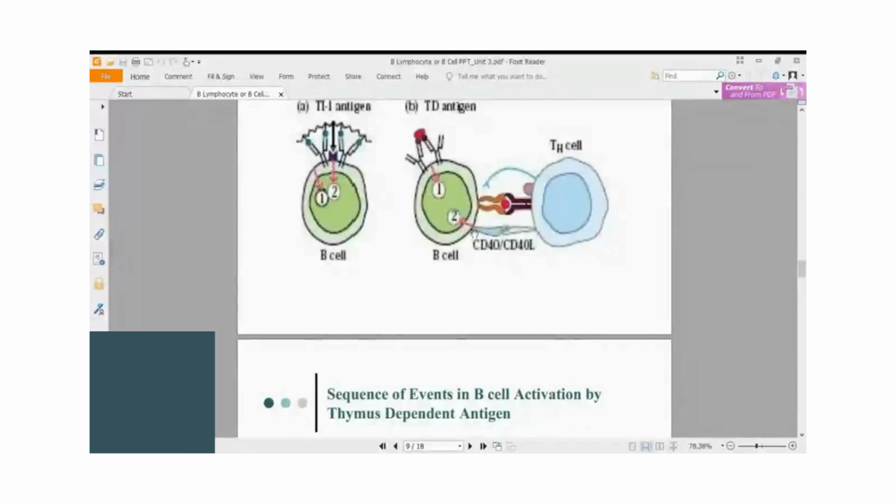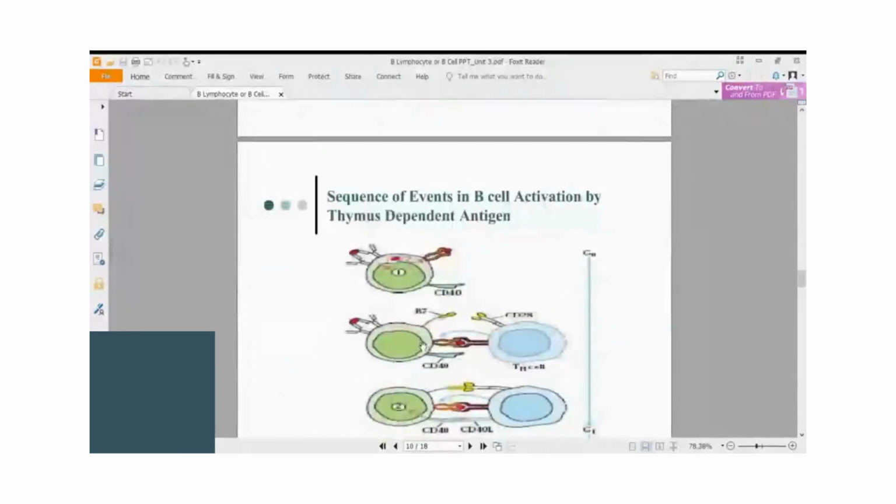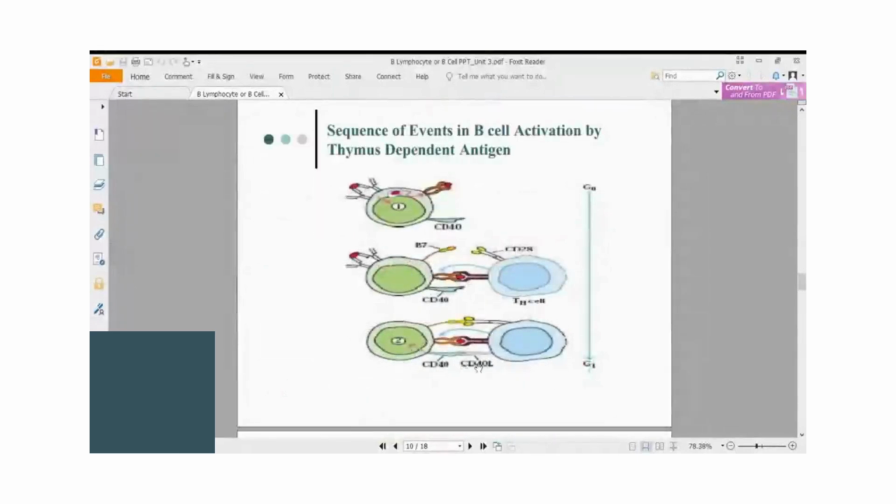And that CD40 receptor produced by the B lymphocyte on its surface is going to establish contact with the opposite ligand, that is CD40L, that is going to be produced by the TH cell. Why? Because the TH cell is also now simultaneously activated because it has been presented with the foreign antigen.